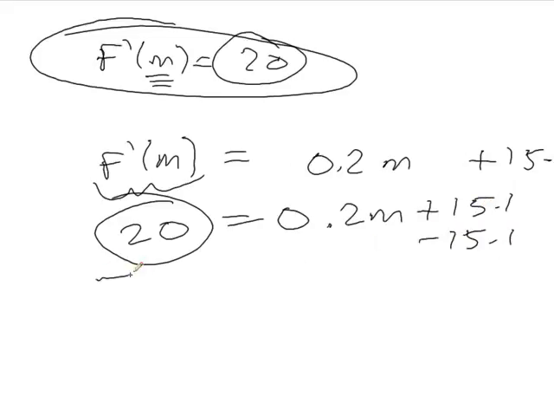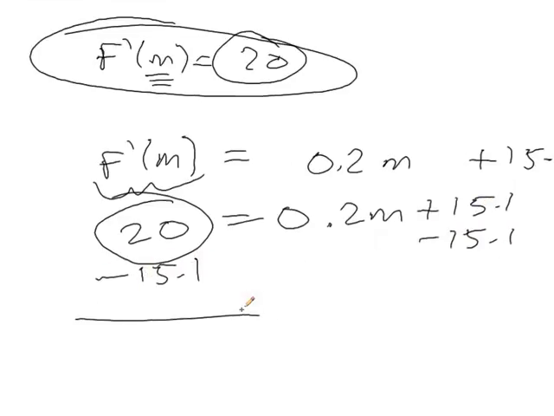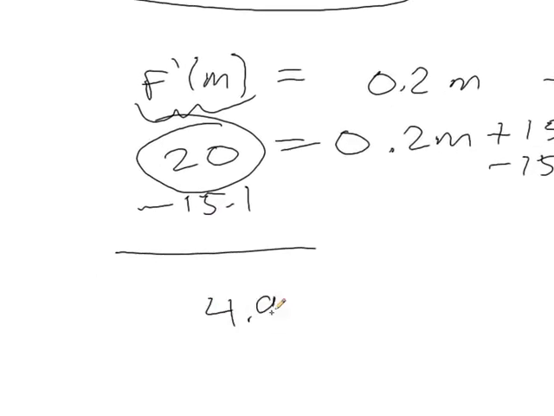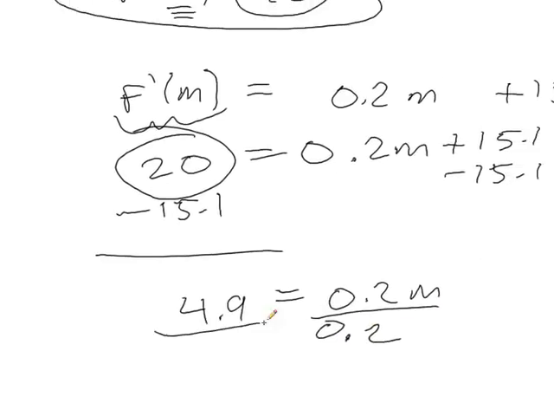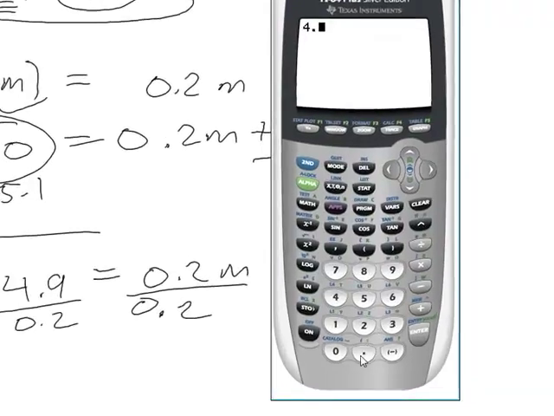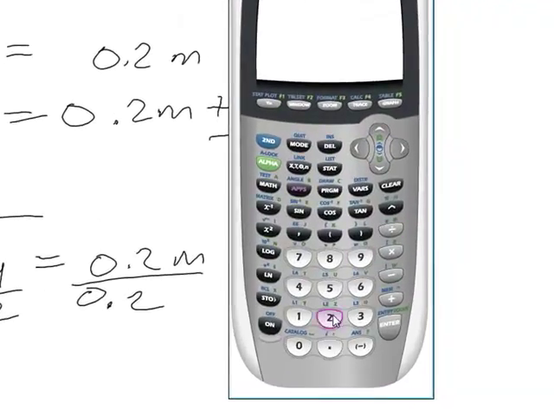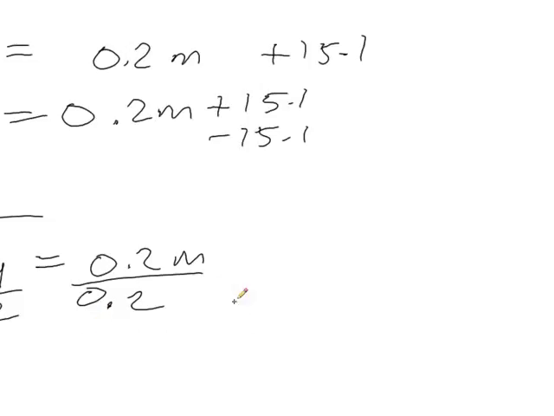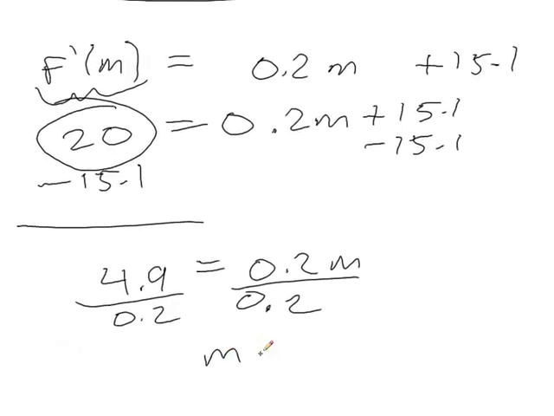So this is a pretty quick solve. I'll subtract 15.1, and that will give me 4.9 equals 0.2m, and then I'll divide by 0.2. I get 4.9 divided by 0.2, which is a syntax error. Oh, extra decimal place there. And I see that that's 24.5. So m is equal to 24.5.